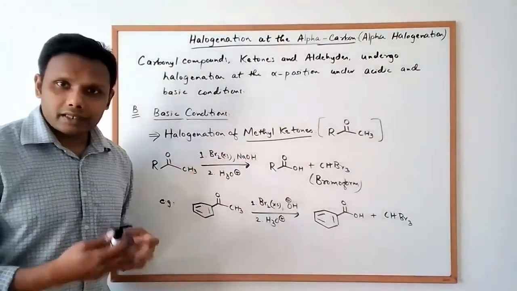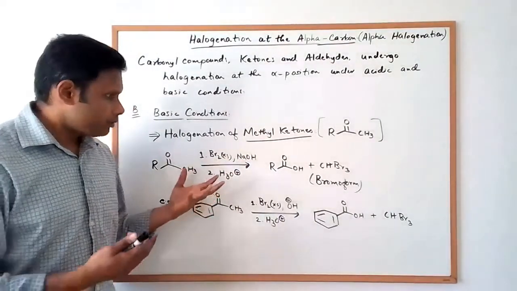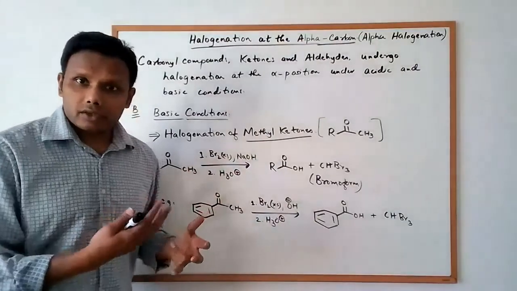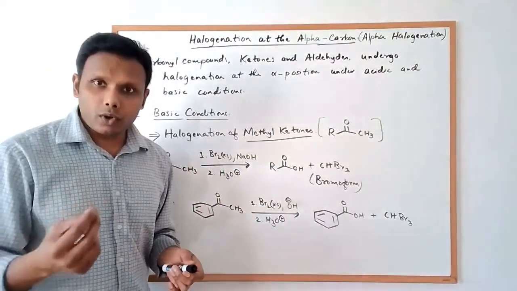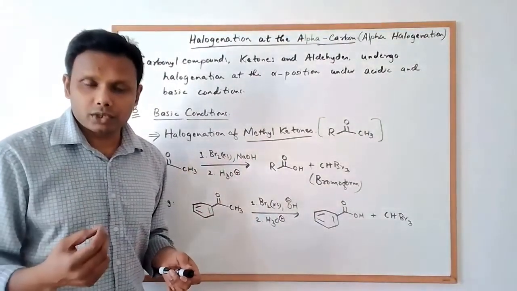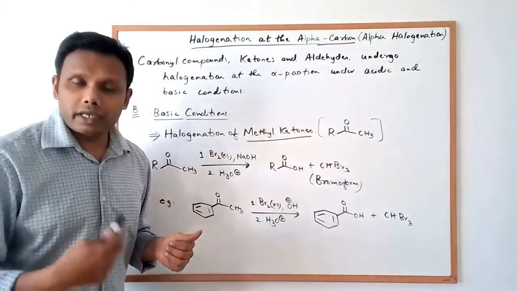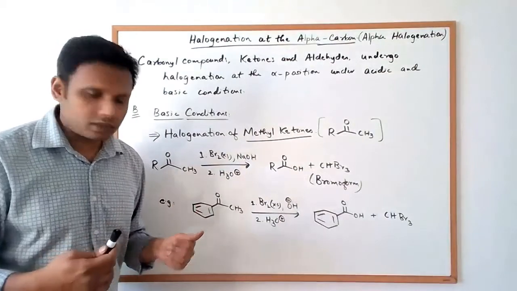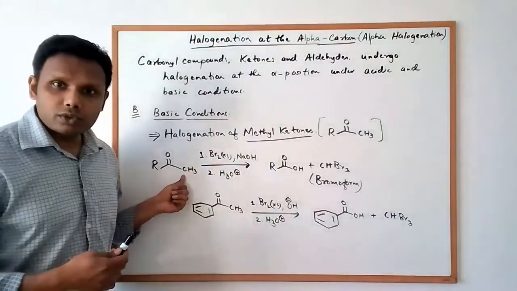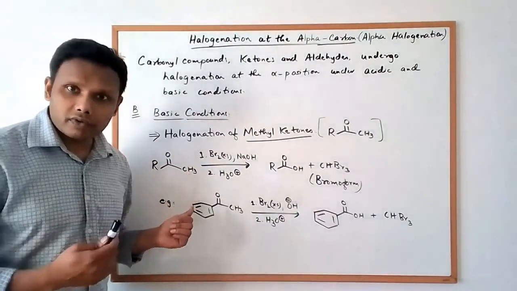Now I'm using excess bromine over here because, like I said, the halogenation is really hard to control or stop at the monohalogenation. So you will keep halogenating till all the alpha hydrogens have been exhausted. And in case of a methyl ketone, you can see that there are 3 alpha hydrogens.